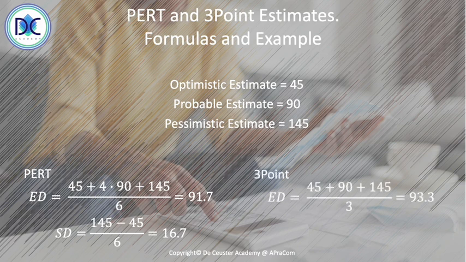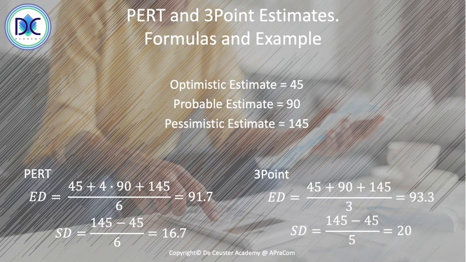We can do the same for the 3-point formula. Then we have the expected duration, meaning we just take the normal average, so 45 plus 90 plus 145 divided by 3 gives us an expected duration of 93.3, and the standard deviation is 145 minus 45 divided by 5, which is 20.